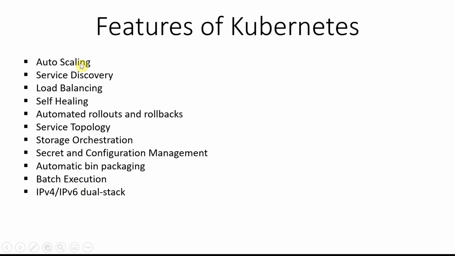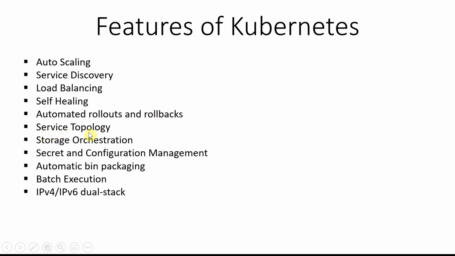For scaling, irrespective of the cloud, we have scaling related products, then load balancing related products. Self-healing was not there at all. And automated rollouts and rollbacks, you had to manage with scripts through Jenkins or any other management software.